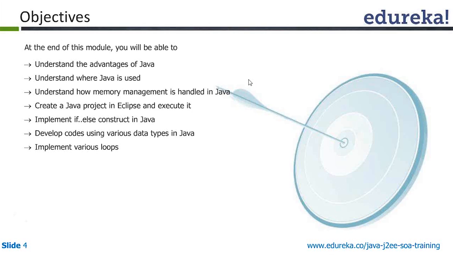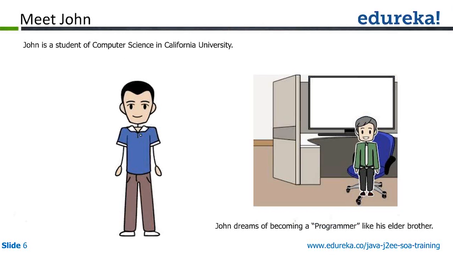Then we are going to work with some conditional statements, if else, and we'll study various data types in Java, and then we'll be doing the looping statements. So basically, about half the lecture is on an introduction to Java, and the other half is some basic statements in Java.